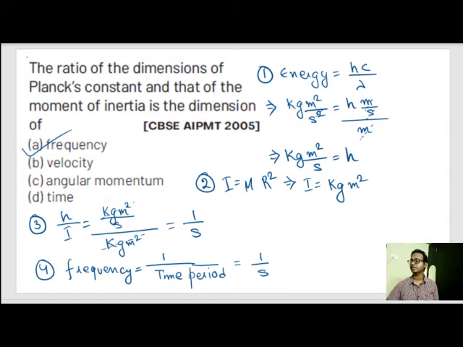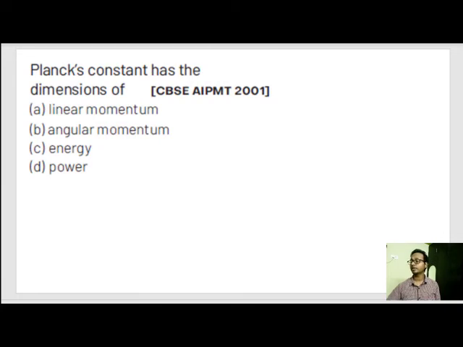So out here I am directly writing: Planck constant has a dimension of kg meter square per second.